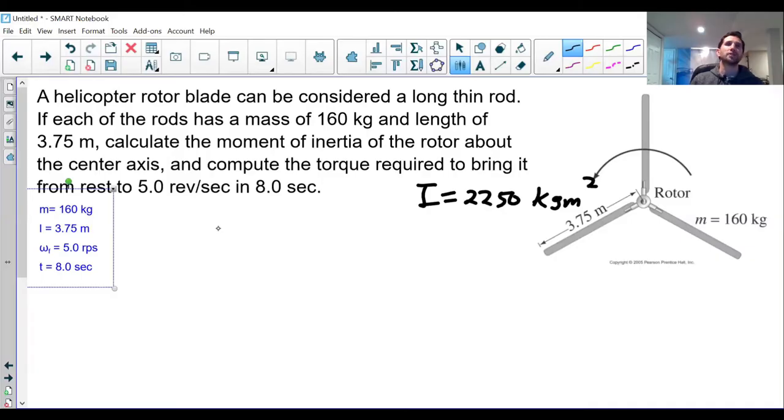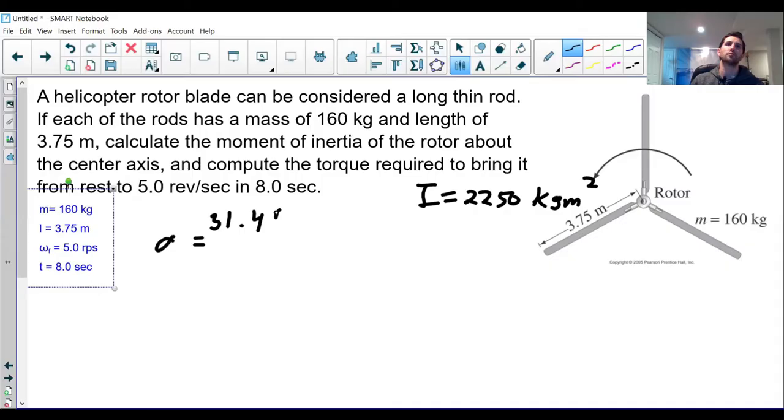Now, to get alpha, I'm going to do the angular velocity at the end minus 0, because it starts from rest, over the time. 5 revolutions per second is 10 pi radians per second, and 10 pi is roughly 31.4.